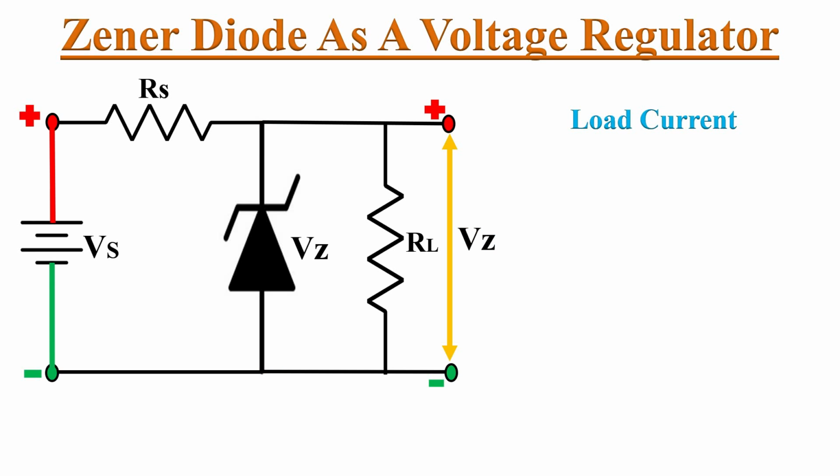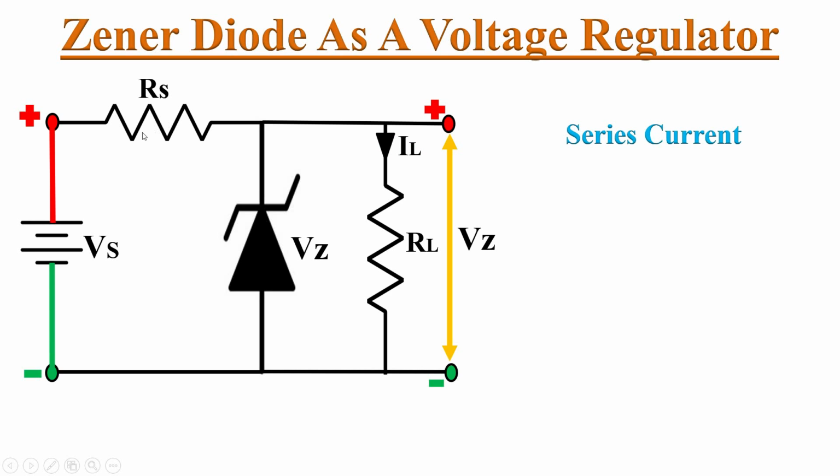Then it will provide a constant voltage drop Vz across the load resistor RL, and the load current IL will be equal to VL divided by RL, and VL is nothing but Vz. So IL equals Vz by RL.